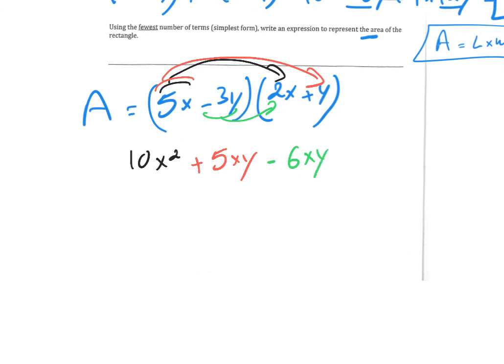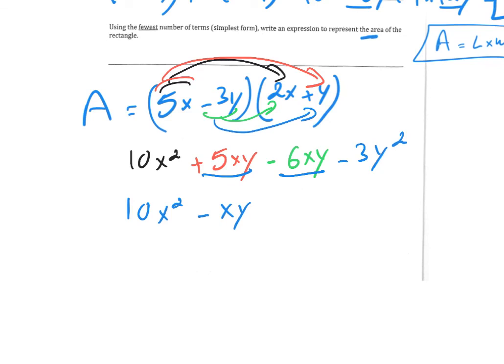And the last one, negative 3y times y, that would be negative 3y squared, right? And we can combine the middle terms, 5xy minus 6xy, that would be negative xy, because 5 take away 6 is negative 1. So that's negative xy, minus 3y squared.